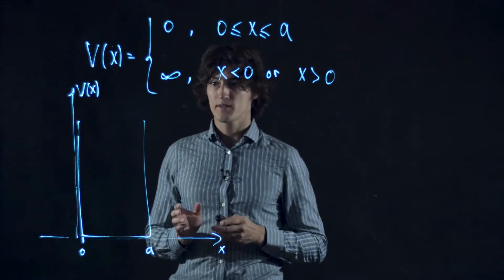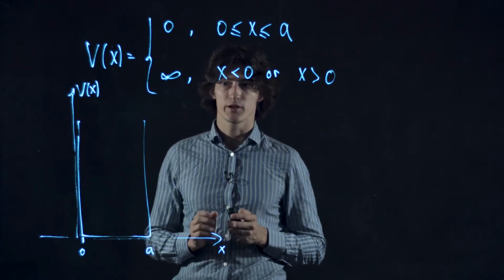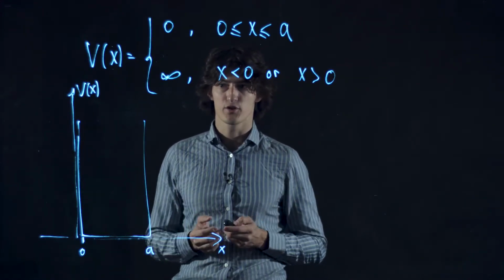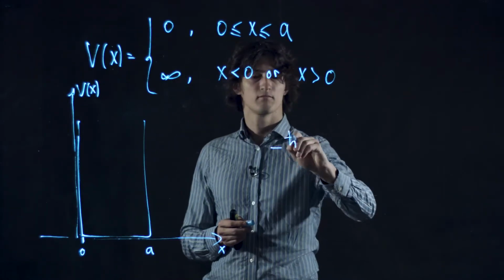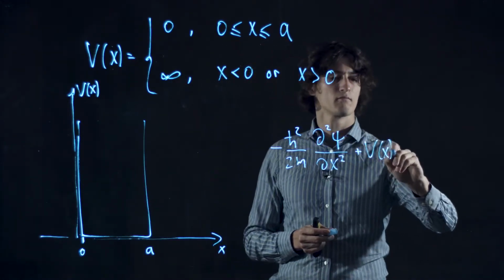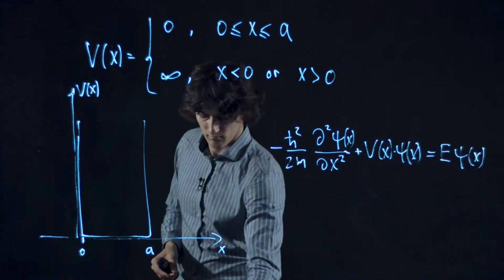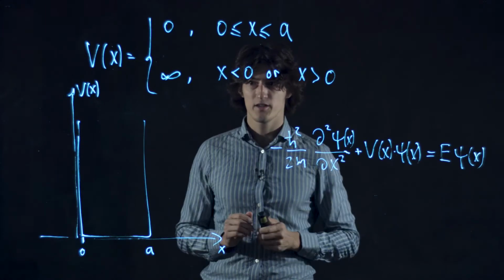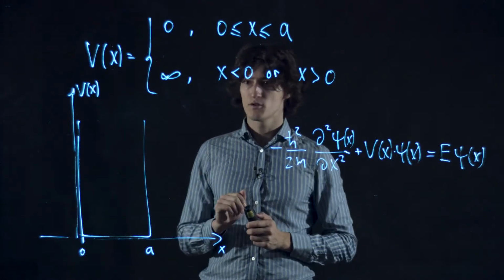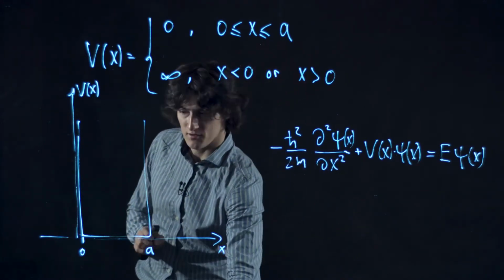As in any problem of that kind in quantum mechanics, we begin with the Schrödinger equation, which reads as follows. The simplest way to solve this equation is to divide the space into three zones, three regions.